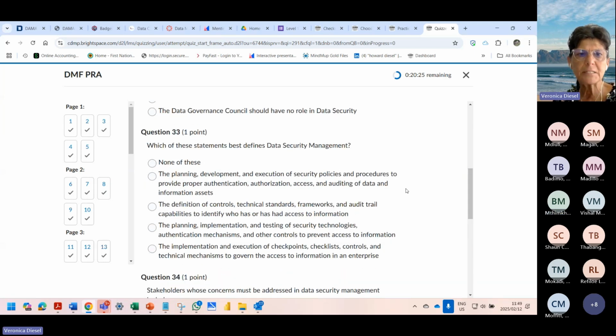Which of these statements best defines data security management? We're doing that tomorrow as well. That's quite a bit of reading here. Second one. Yes, proper authentication, authorization, access, and auditing.